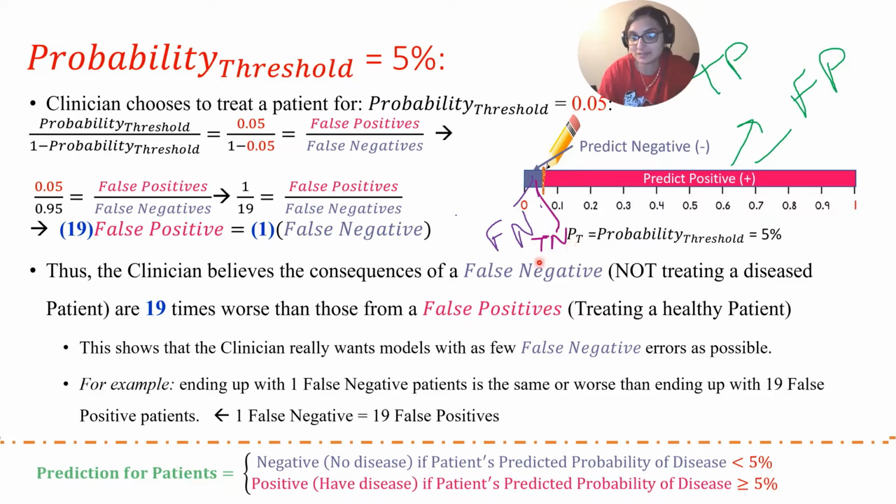So sorry, this should have been a true negative. Either we are truly correct when we say that the patient does not have the disease, a true negative, or we have made a mistake and the patient actually had the disease and should have been considered positive. So whenever we're predicting negative for the patient, either we're correct and it's a true negative, or it is a mistake and we have a false negative.